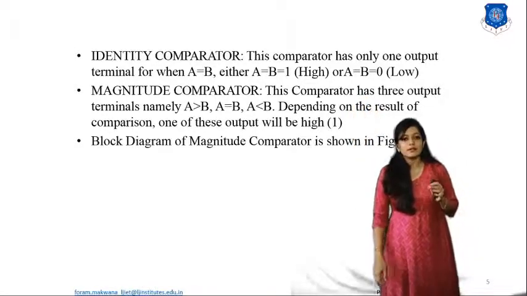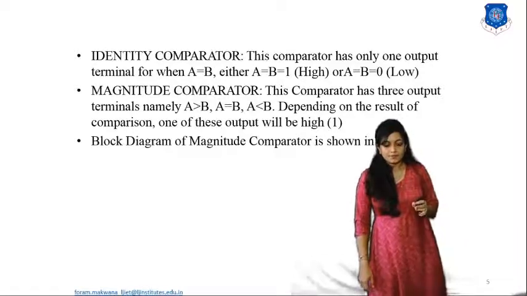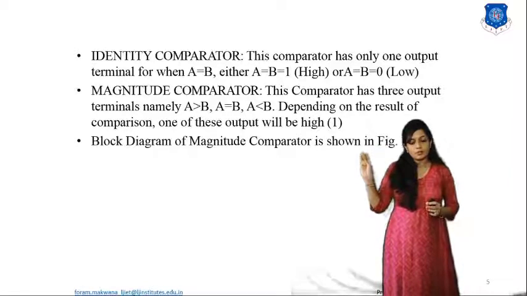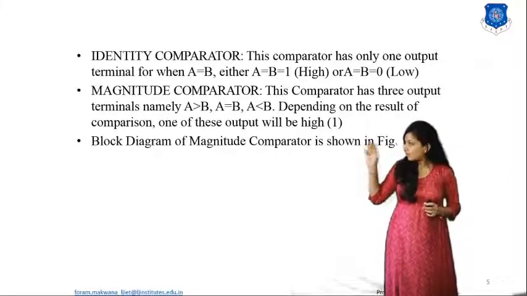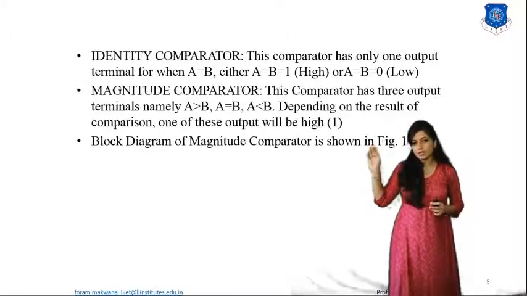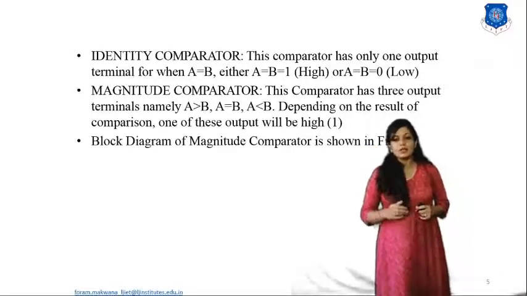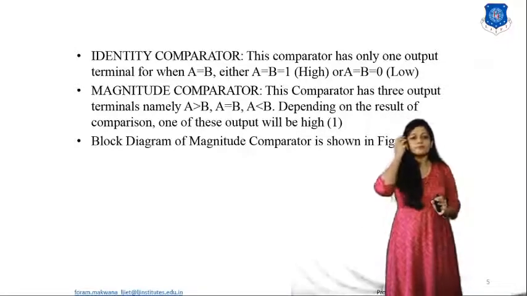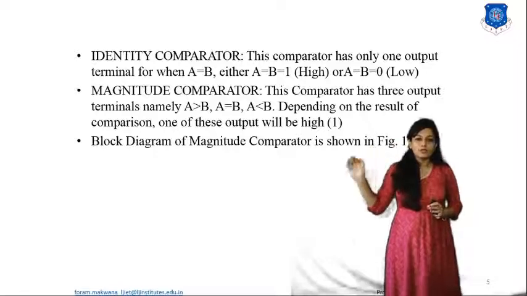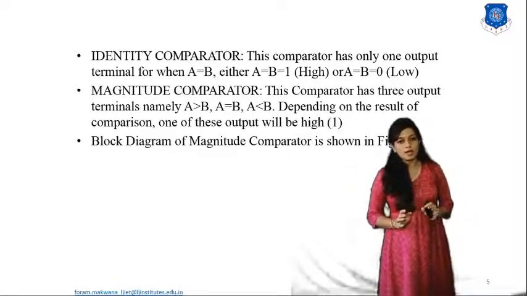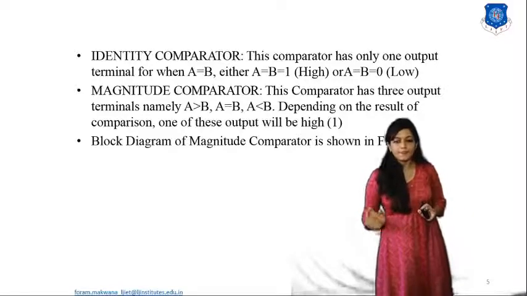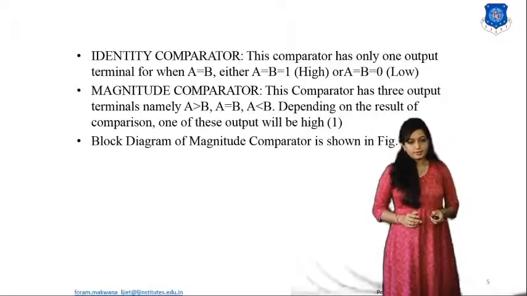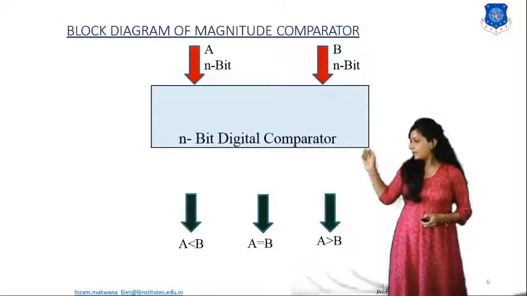Second is the magnitude comparator. This comparator has three outputs. What are the three outputs? A greater than B, A equals to B, and A less than B, depending on the result of the comparison. One of these outputs will be equal to 1, or high. The block diagram of this magnitude comparator is like this.